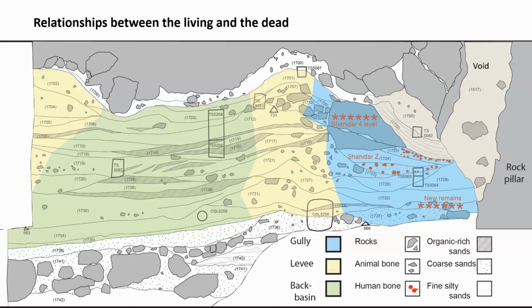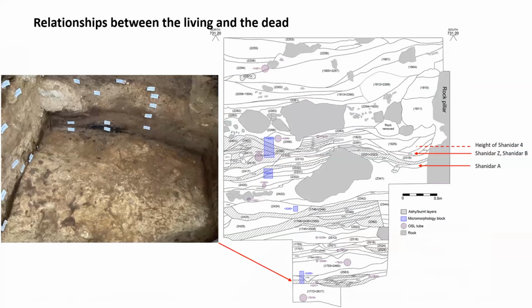You can see that in the darker layers, indicating day-to-day living, right? It's not super dense, but we see processed animal bone, these combustion features. This is a phase in between, so we've got layers of rockfall here where we don't see people so much.